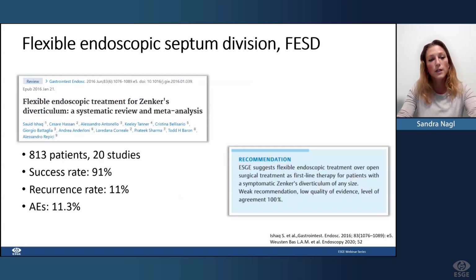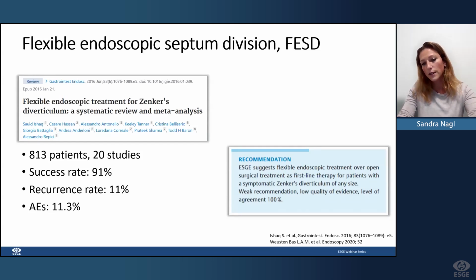When we look at a large meta-analysis including 813 patients, the overall pooled success rate was 91%, with a recurrence rate of about 11%. Overall, the technique is considered to be very safe, with mostly only mild adverse events of 11%.